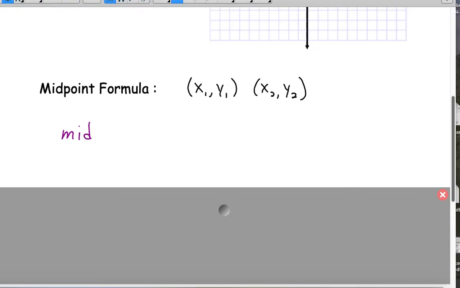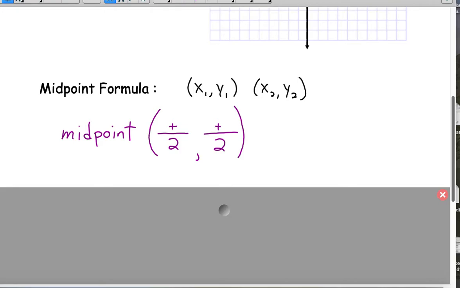Now remember, here we're getting an actual point. When we did the distance formula, we got one number. Here we're going to get a point. So points are listed in parentheses with 2 numbers and a comma in between them. And to get the midpoint, we are just going to average the x numbers and average the y numbers. So when you want an average, you add them up, divide by 2.